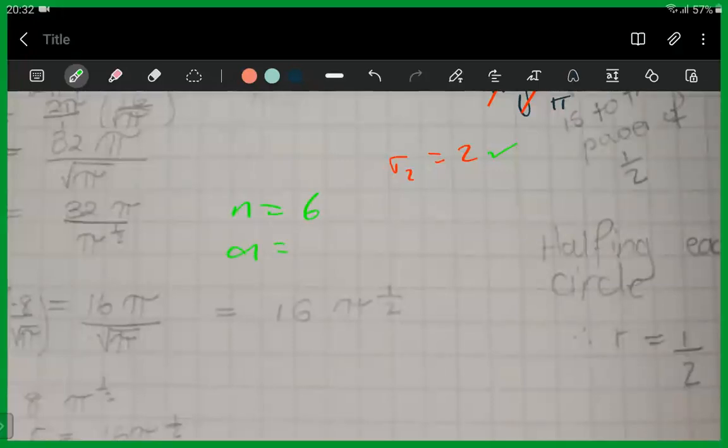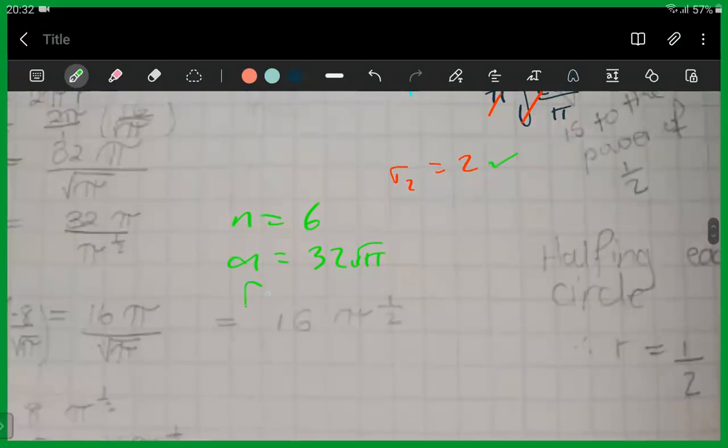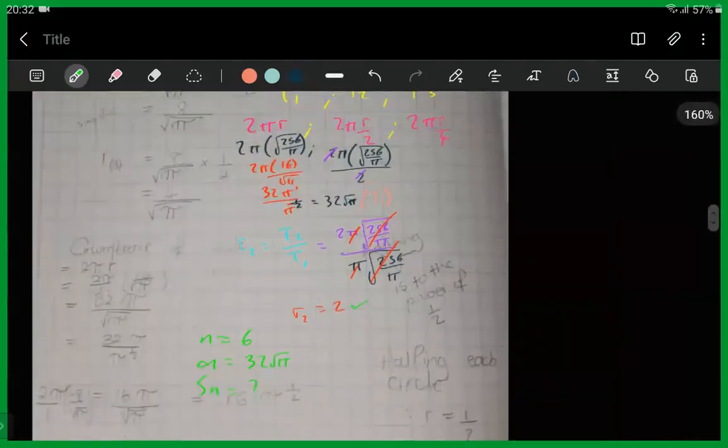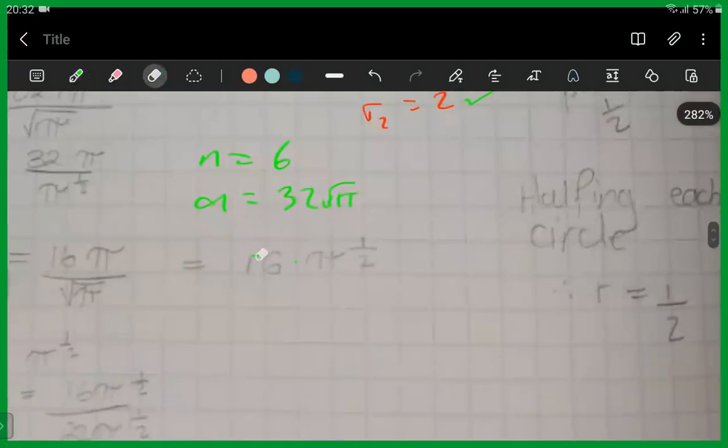A we worked out to be 32 square root of pi, and then that's R here, which is going to be our value for R in our formula. Sn is what we're looking for. So we can just throw our values into our Sn formula. Let's write out our Sn formula.